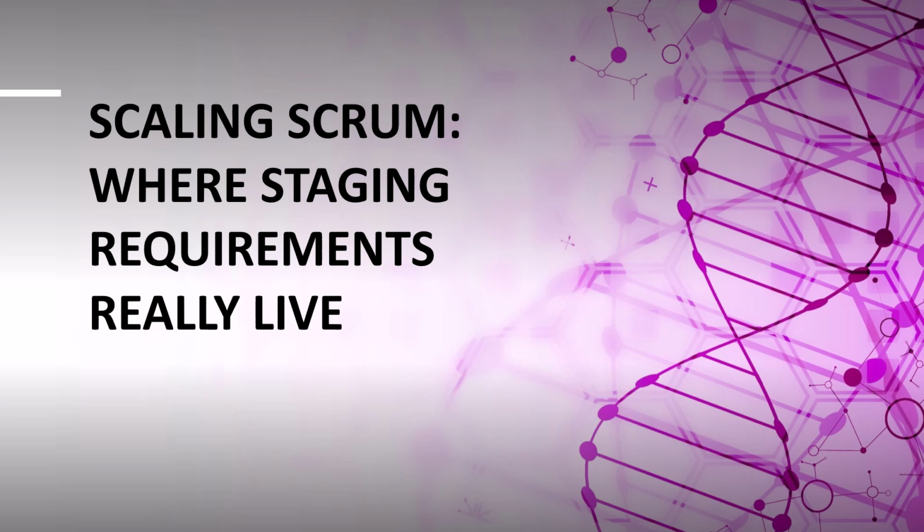So we've talked about the product backlog, a separate staging document, and the release plan. There's one more option that some folks think might be the right place, and that's the project plan, which gives you the big picture overview of how the whole project is going to be executed. Where do staging activities slot into that overall plan, and why isn't it the best place for all those details?